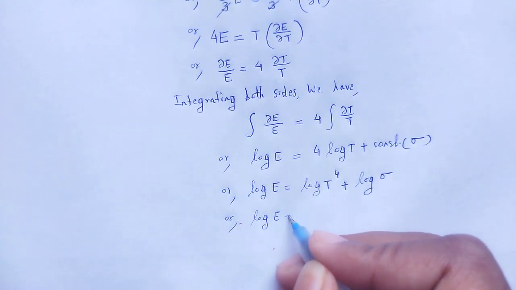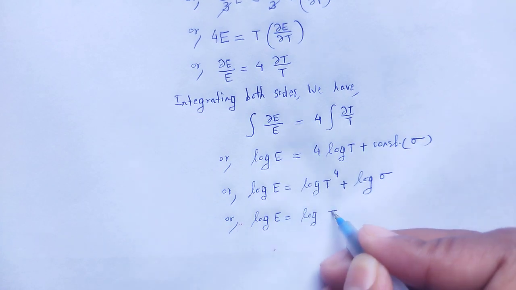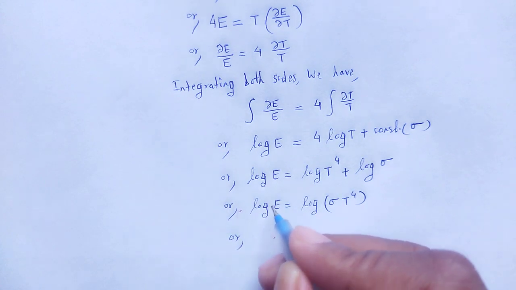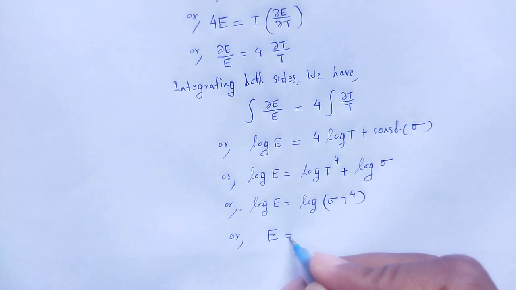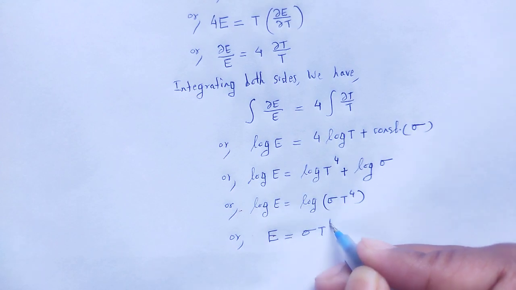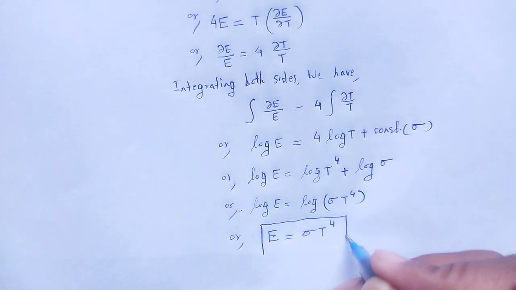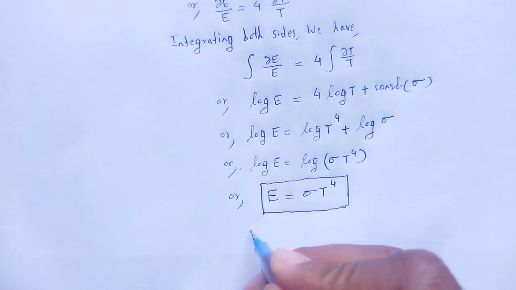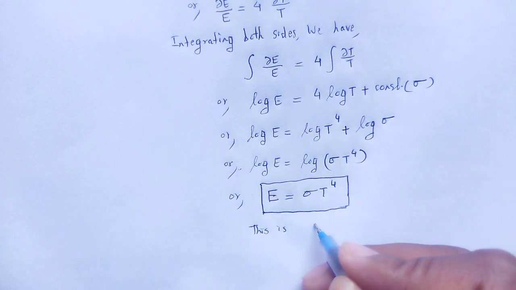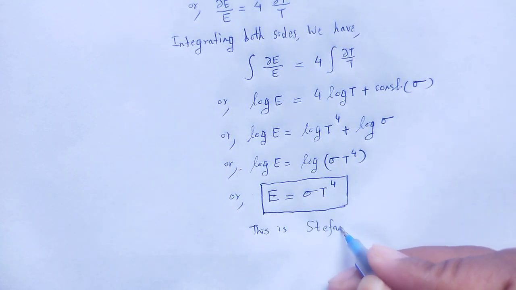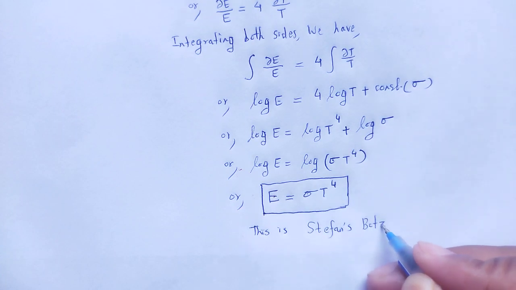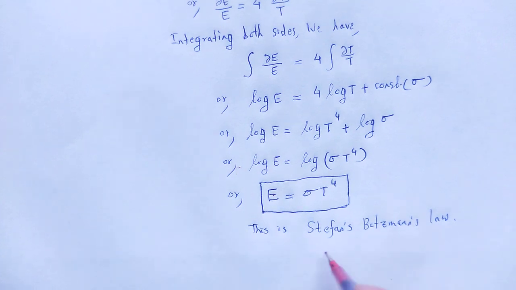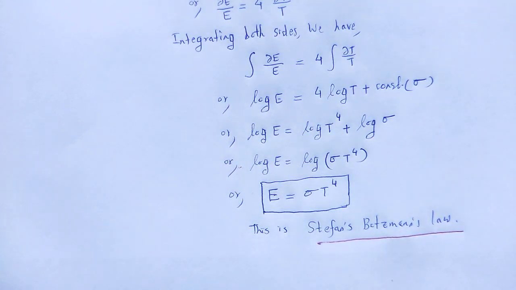So log E is equal to log of sigma into T to the power 4, the logs cancel out. So E is equal to sigma T to the power 4, that is nothing but our Stefan-Boltzmann law of radiation. Now it is proved.